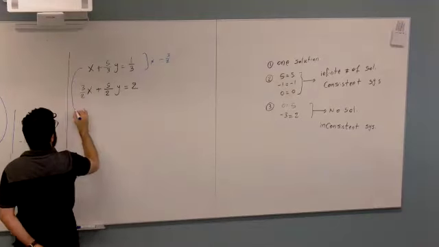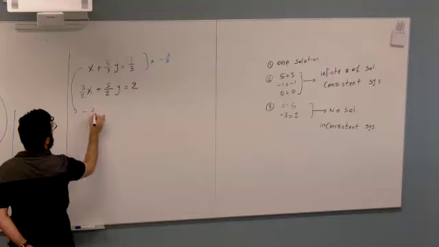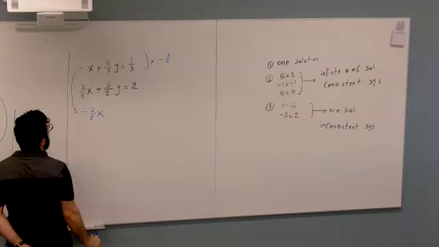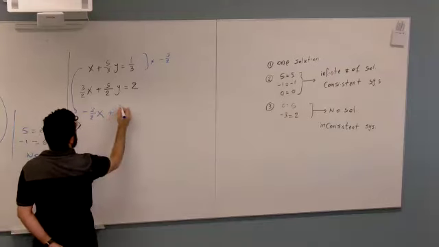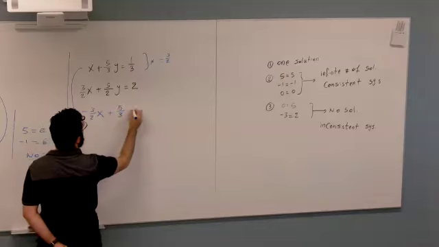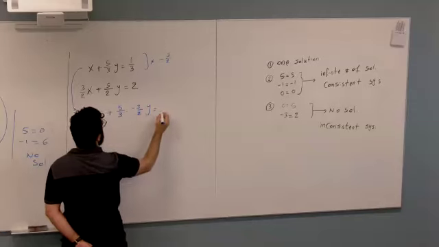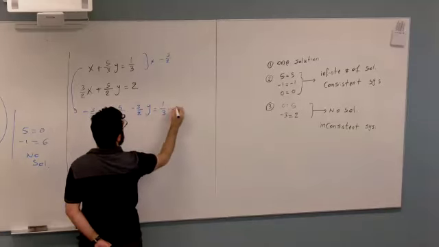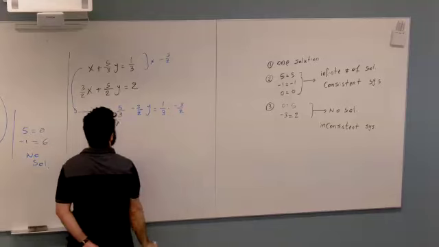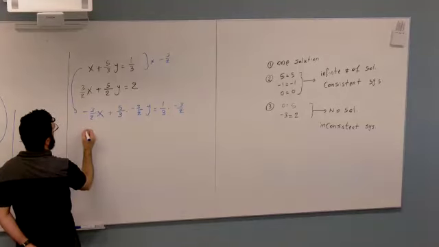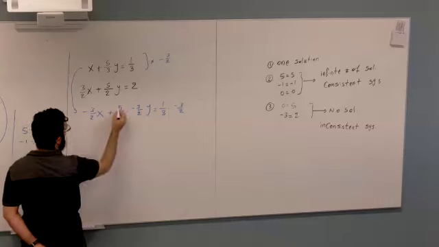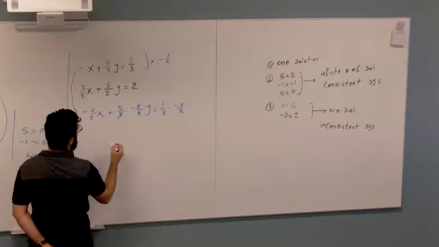That means this equation is going to be -3/2x plus 5/3 times -3/2 y equals 1/3 times -3/2. And the second one is going to be the same. Let's simplify this one.